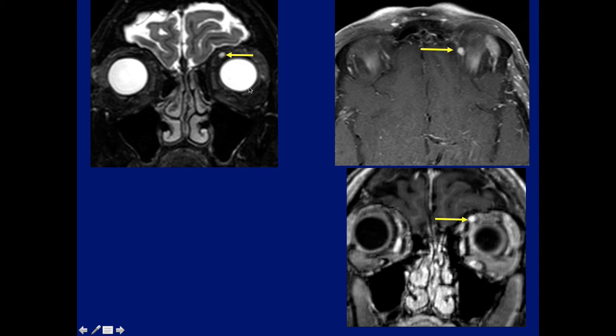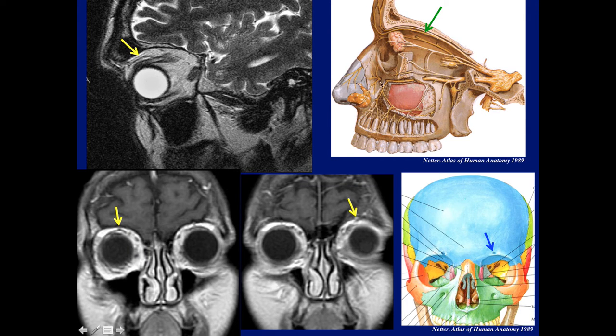So this is involvement. Again, if we look here, this is the frontal nerve, and these are the supratrochlear and the supraorbital nerve. Normally, these nerves are very thin and tiny on the sagittal view.